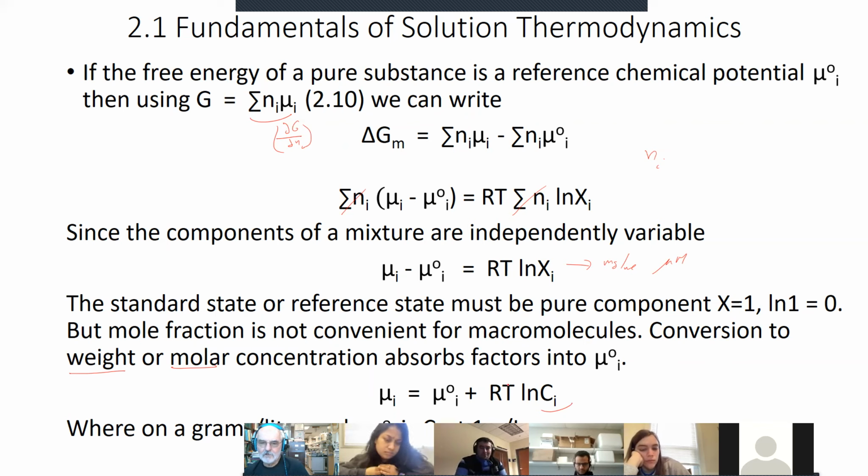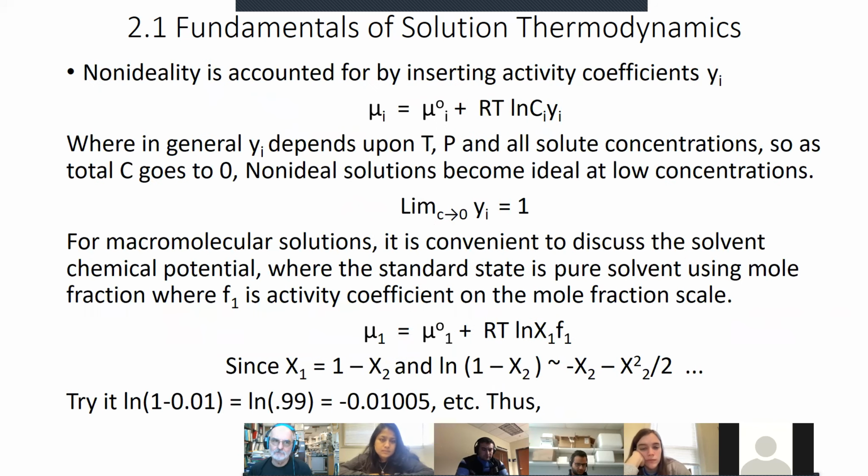The arbitrariness of that conversion ends up going into the standard state. In this case, standard state makes sense if C sub I is 1. In that case, this term goes to 0 and mu sub I is equal to mu sub I standard state. So this will obviously change with anything and everything that we use. And so this is another way of expressing chemical potential.